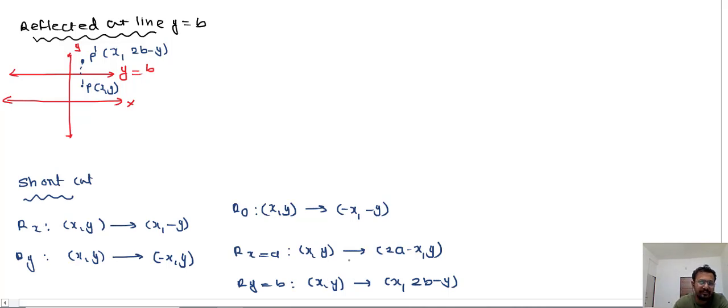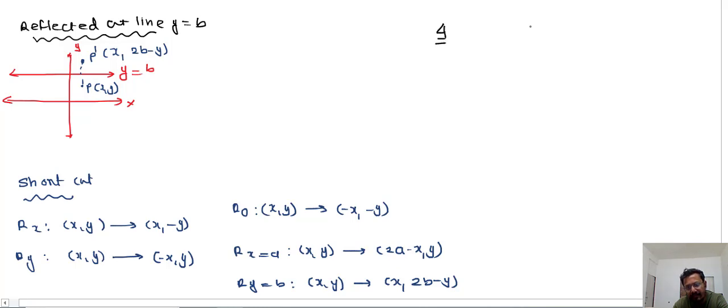Now in our paper, what are the questions? This is our fourth question. We have a point (3, minus 4), and we want to do the reflection in the x-axis.